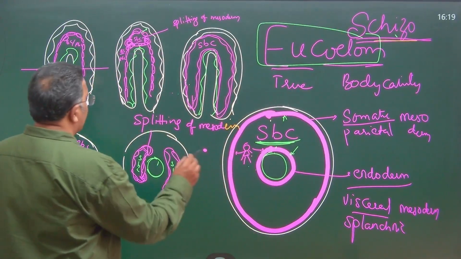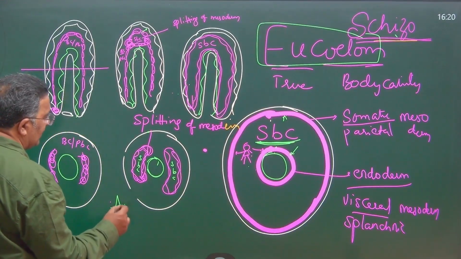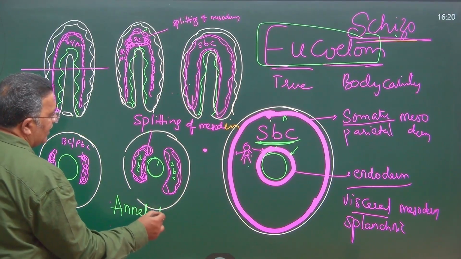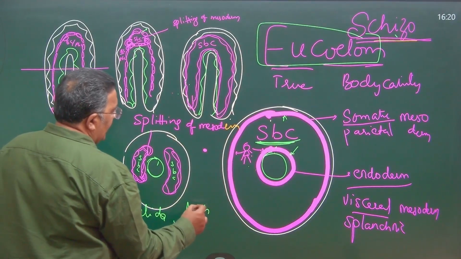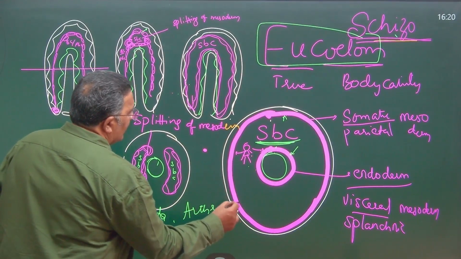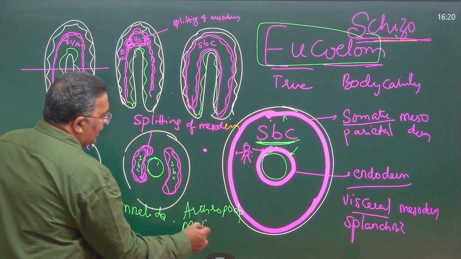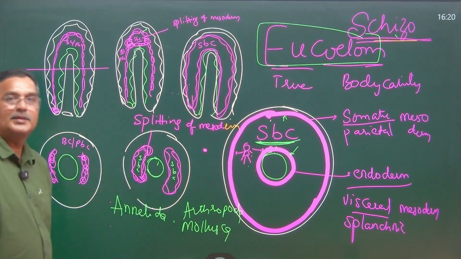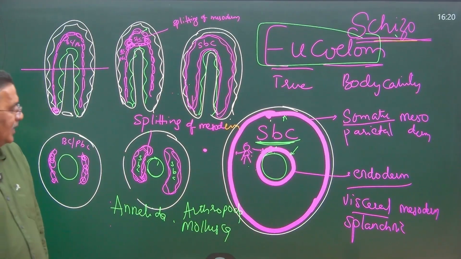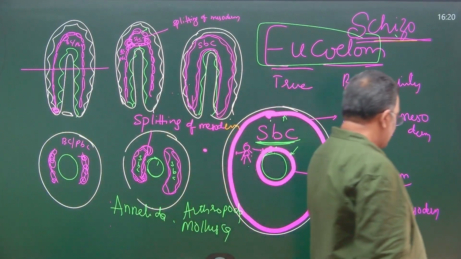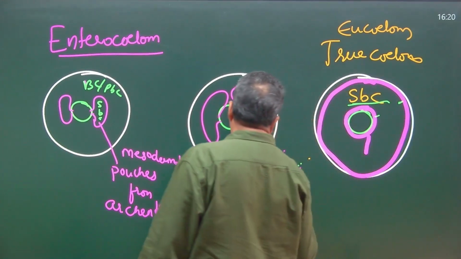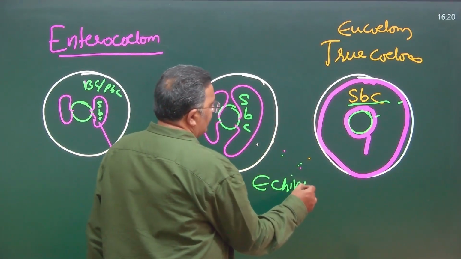You need to say what the examples for the schizocoelomata are: Annelida, Arthropoda and Mollusca. Here it is Echinodermata, Hemichordata, Chordata.